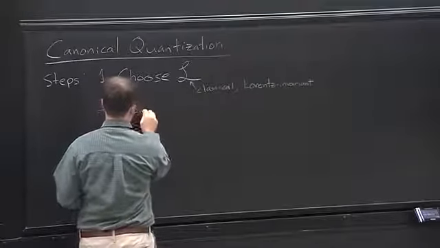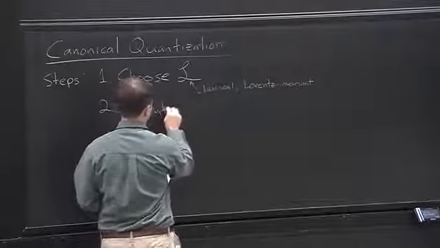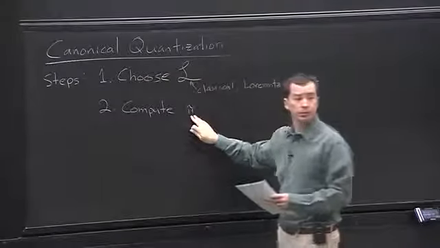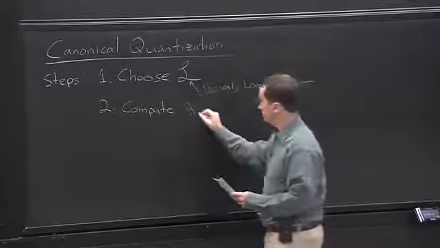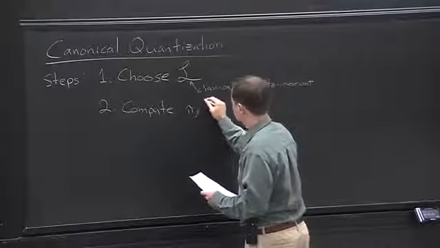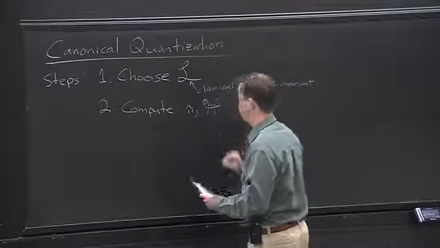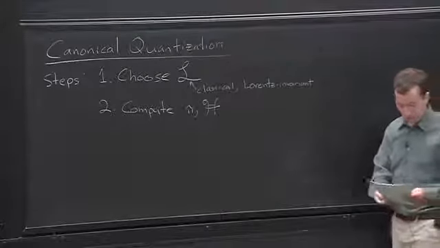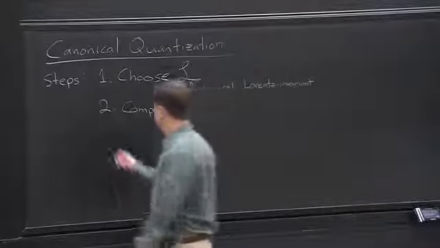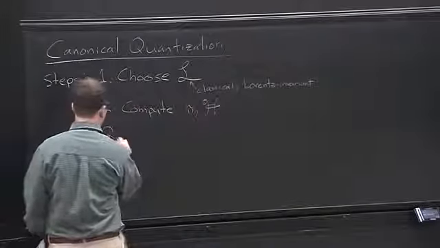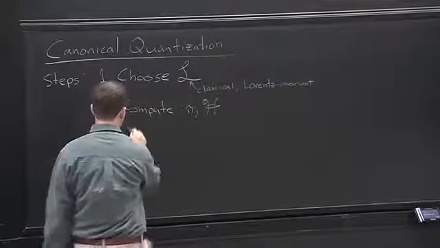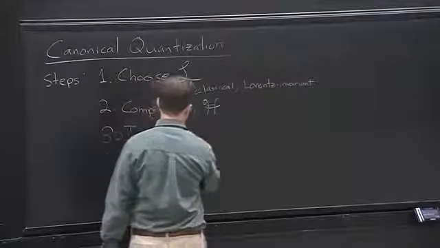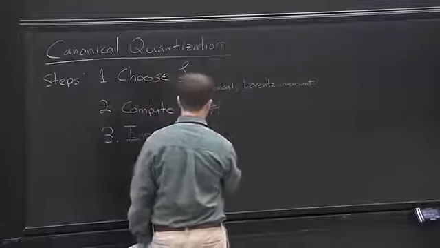The next step, which we've also done, is to compute the conjugate momentum for each of the fields. Also, the Hamiltonian density will be a useful quantity. The third step, which we'll do in a minute, is to impose commutation relations.